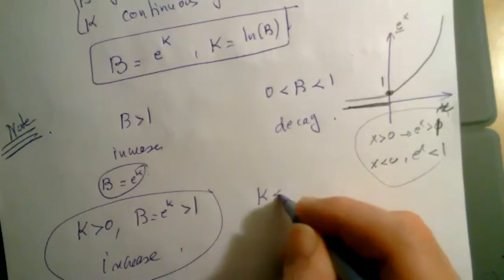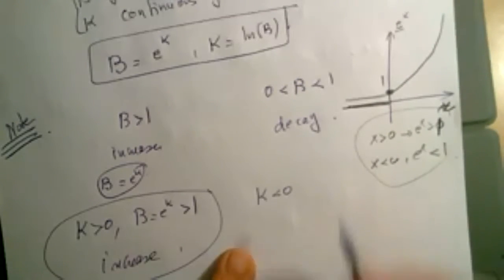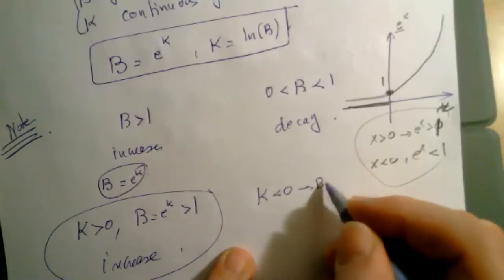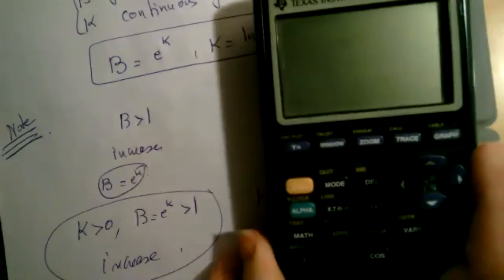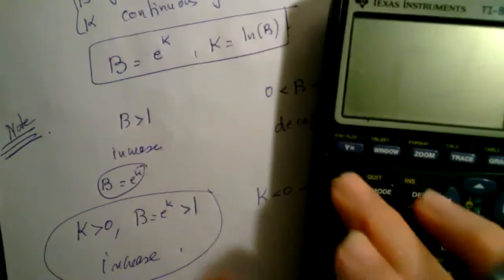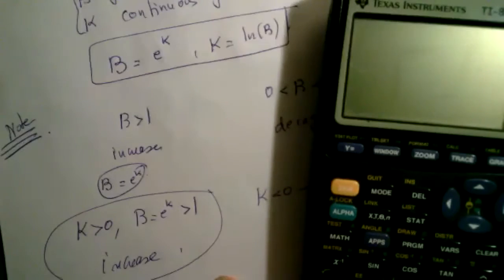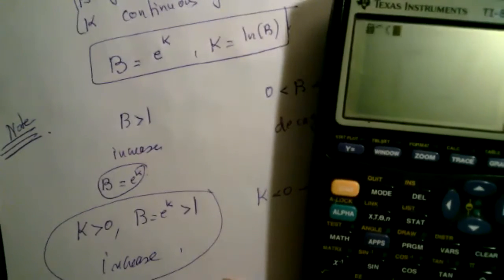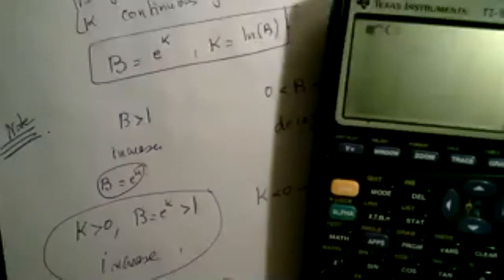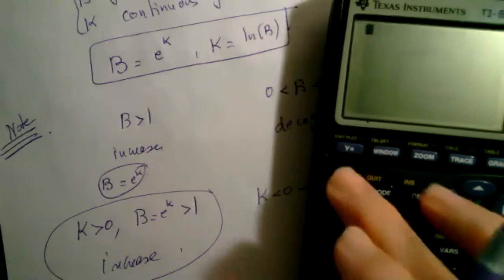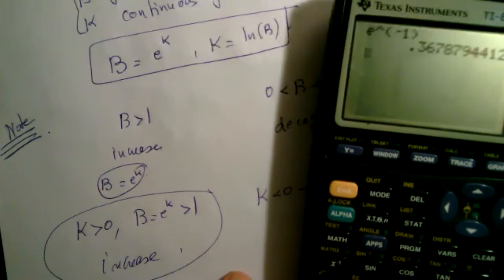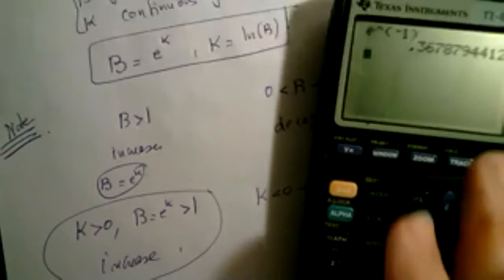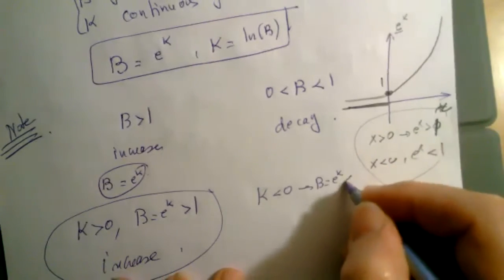If k is negative, that's very different. b is e to the k, and when we start raising e, so this is my e, if I start raising it to negative numbers, let us say -1, I start getting numbers less than 1.